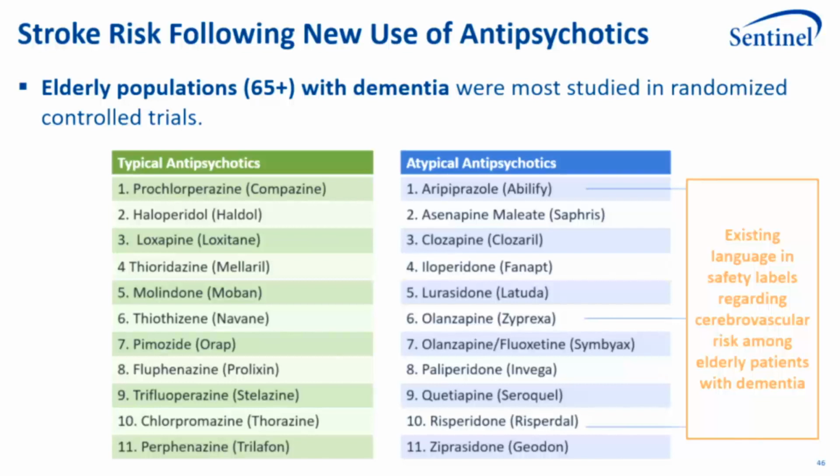A first step is always to review the existing labels and literature to see what's actually in there. Based on the randomized controlled trials, most of the patients studied that showed a stroke risk were elderly populations and folks with evidence of dementia. There are 3 labels that actually had a risk for that population specifically noted. You see those pointed out here. They're all in the atypical antipsychotics category.